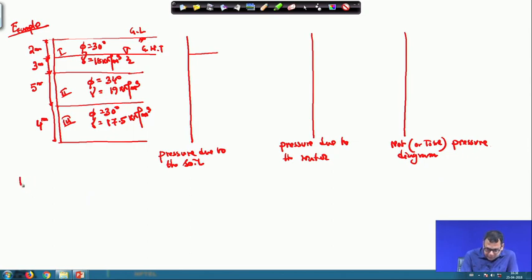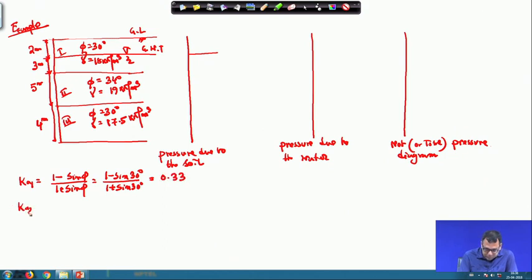Okay. So, Ka1 will be 1 minus sin phi divided by 1 plus sin phi. So, phi value is 30 degree. So, 1 minus sin 30 degree divided by 1 plus sin 30 degree. So, that will be equal to 0.33.